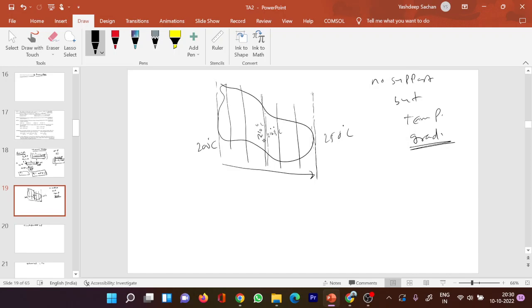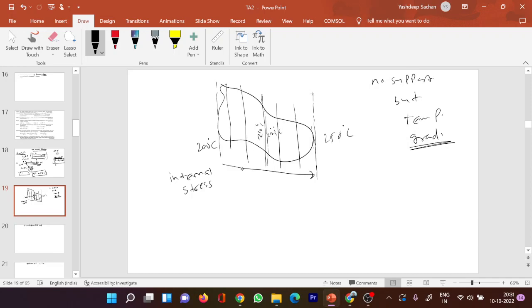So due to this temperature difference, there is some energy difference between the particles, so some internal stress would be there. Stress is nothing but the internal resistance. If this is at a different temperature and this is at a different temperature, the tendency to repel or attract is different.